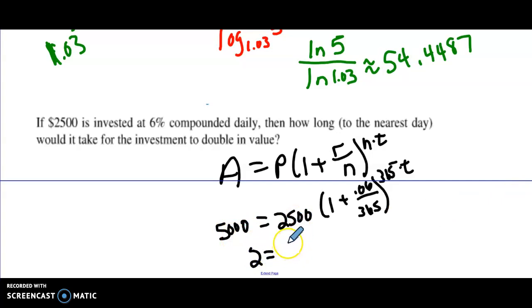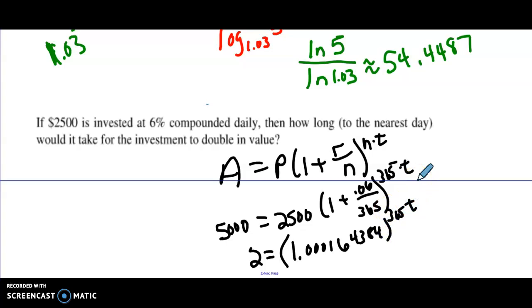I get 2 equals 1 plus 0.06 divided by 365, which is 1.000164384. It's a long decimal here, and I'm going to keep it there, to the 365t power.